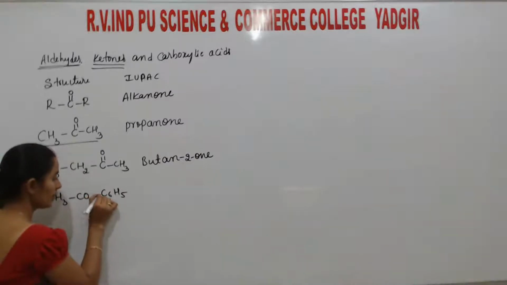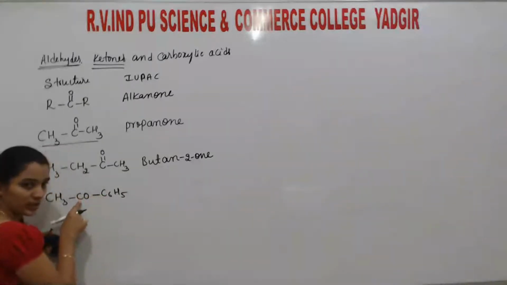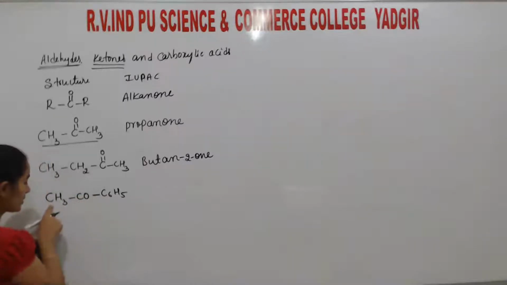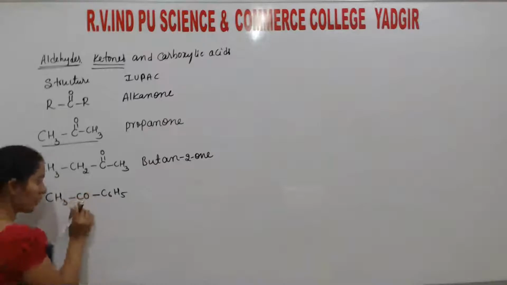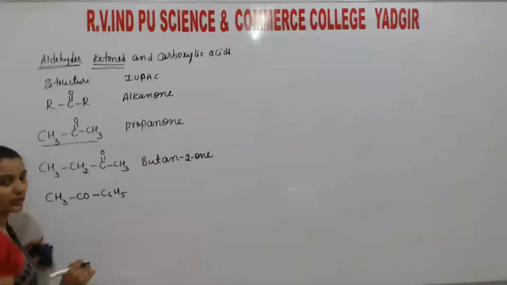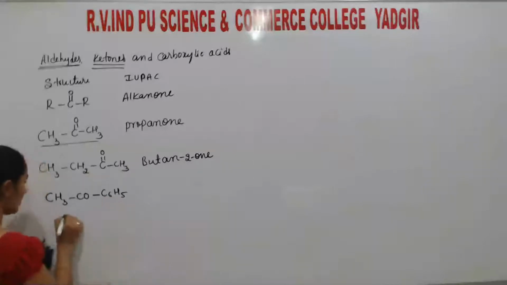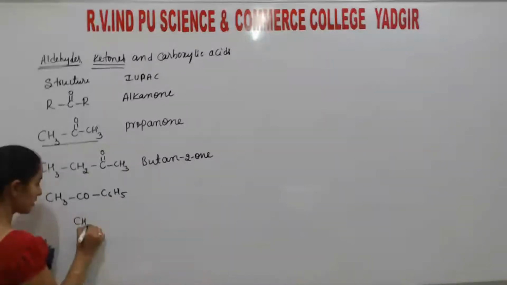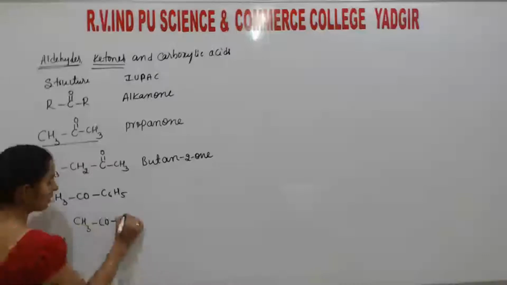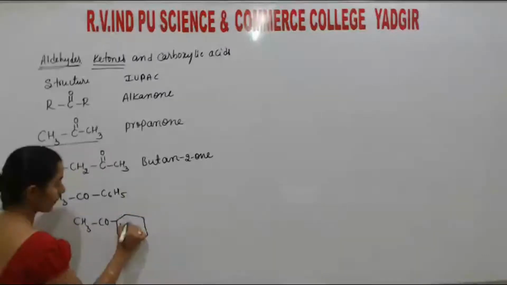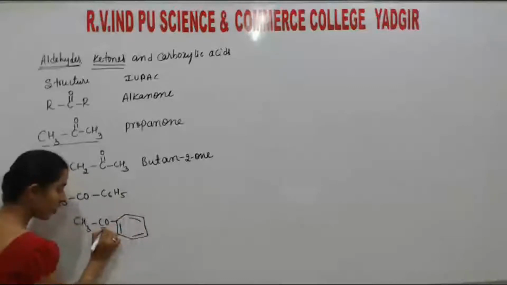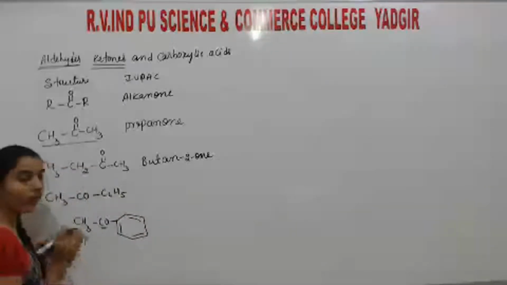In this type of compound, this carbon atom we need to consider in the parent chain. So listen, if we consider this benzene ring as the parent chain, this carbon is not at all involved.